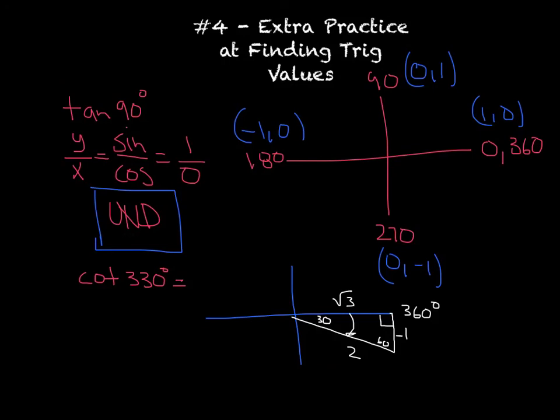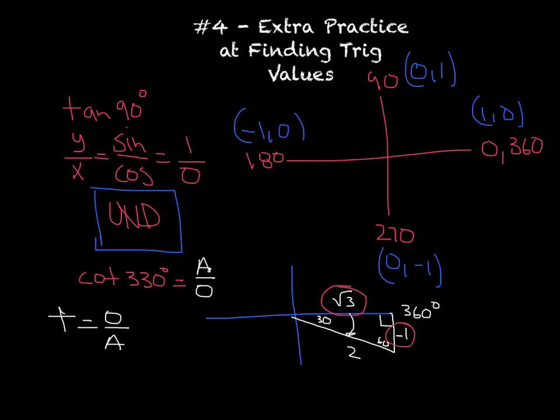And the cotangent, well, let's think about this. Tangent is what? TOA, opposite over adjacent. So the cotangent is adjacent over opposite. All right, so adjacent is going to be root 3. Let me circle that. Root 3. And your opposite is going to be negative 1.